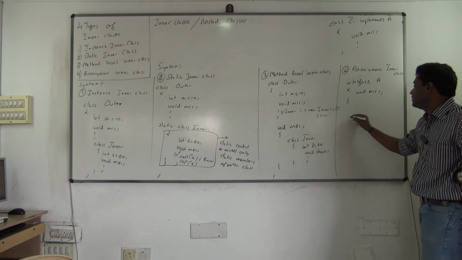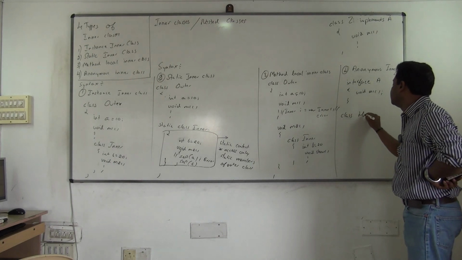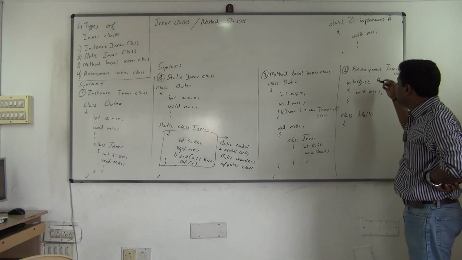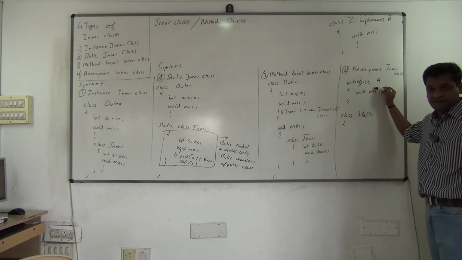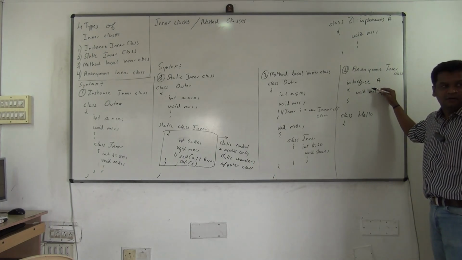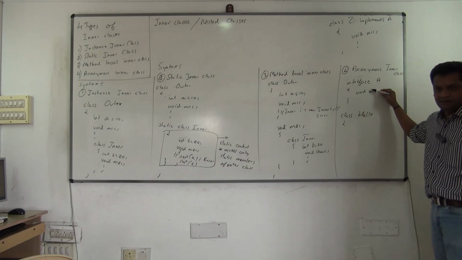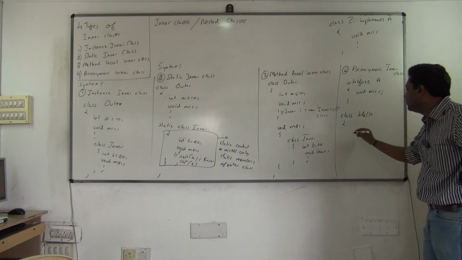See how you write this. The syntax: class Hello. Now I'll have one implementation for this interface. I'll write code which has the implementation for this abstract method, but it will not have a name. Just see how you do it.